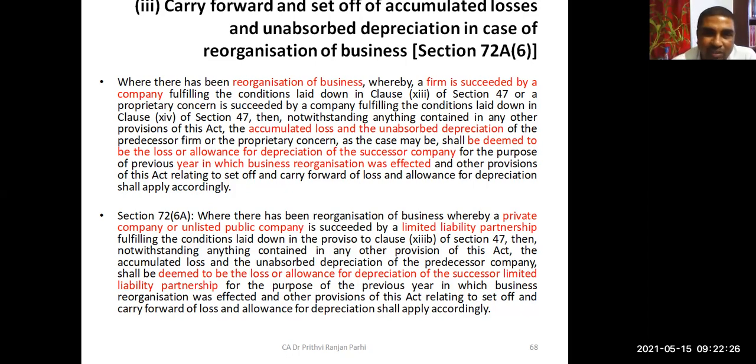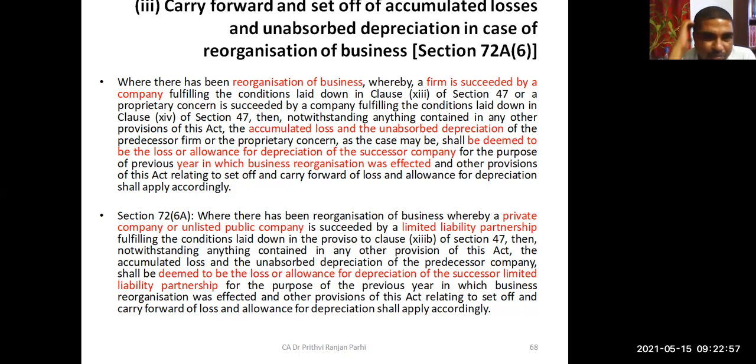In that situation, the accumulated loss and unabsorbed depreciation of the predecessor firm or the proprietor concerned, as the case may be, shall be deemed to be the loss and allowance for depreciation of the successor company. That means whatever was the loss, whatever was the unabsorbed depreciation, that shall be deemed to be the unabsorbed depreciation or loss of the successor company, that means the new company which is formed.